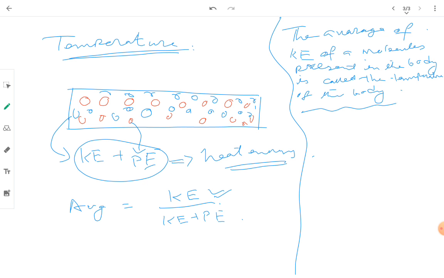Hope you have understood this one. So what is the temperature? Temperature is nothing but the average of kinetic energy present in the body.